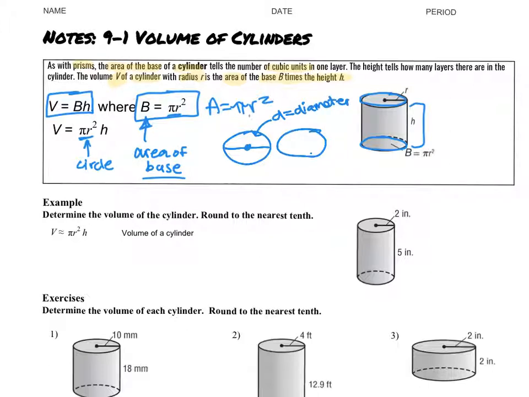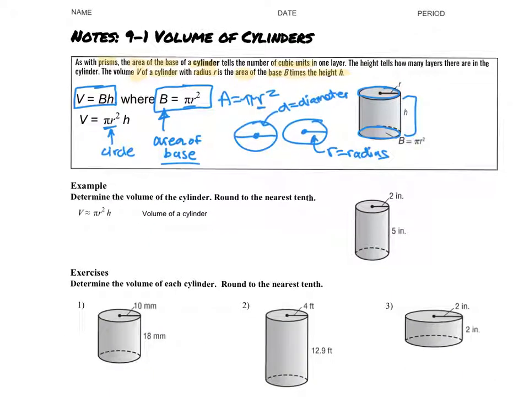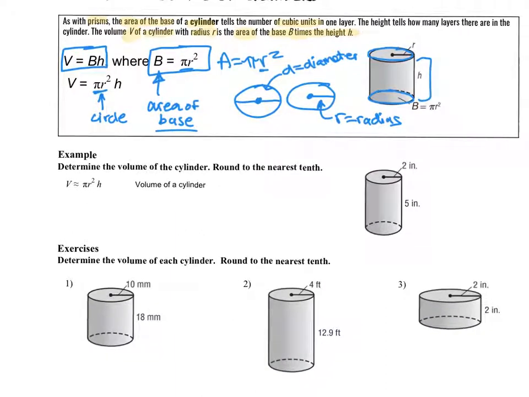But in the area of a circle, we only use the radius, which is half of that number, halfway across the circle. So if you're given the diameter, you need to cut that in half, divide it by 2.